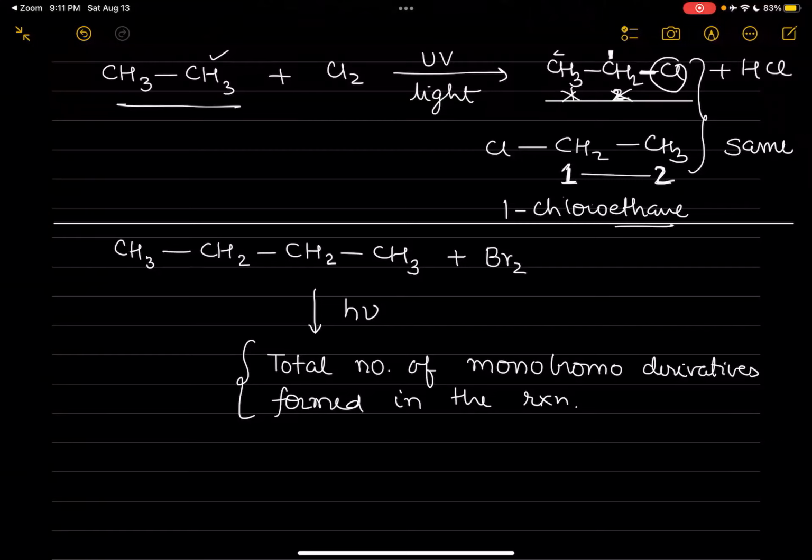There are 4 carbon atoms. Are they 4, or just 1, or just 2 or 3?